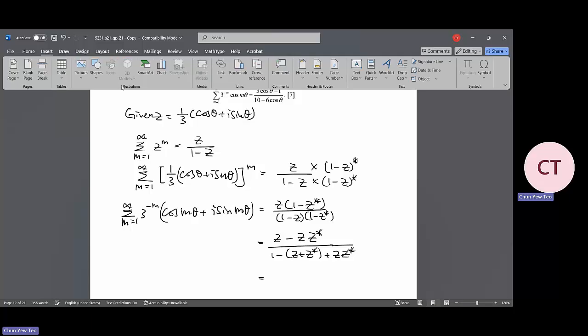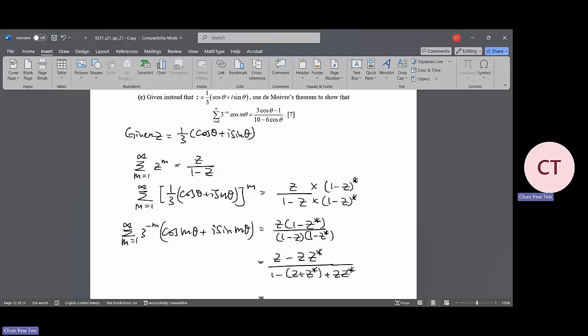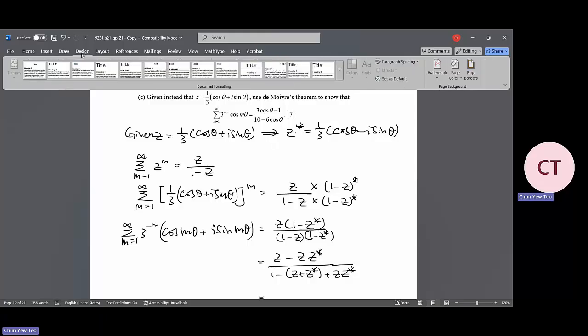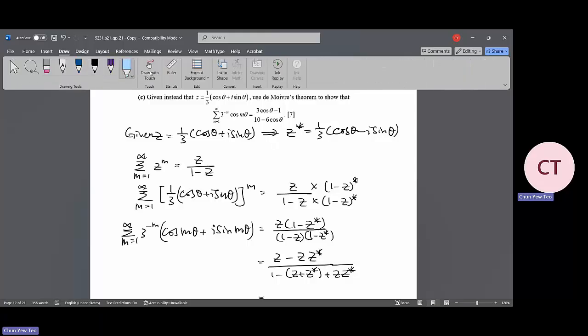Over here, we need to spend some explanation. The z conjugate will be 1 over 3 cos theta minus i sine theta. We need to highlight to the examiner that the conjugate of z will be like this.